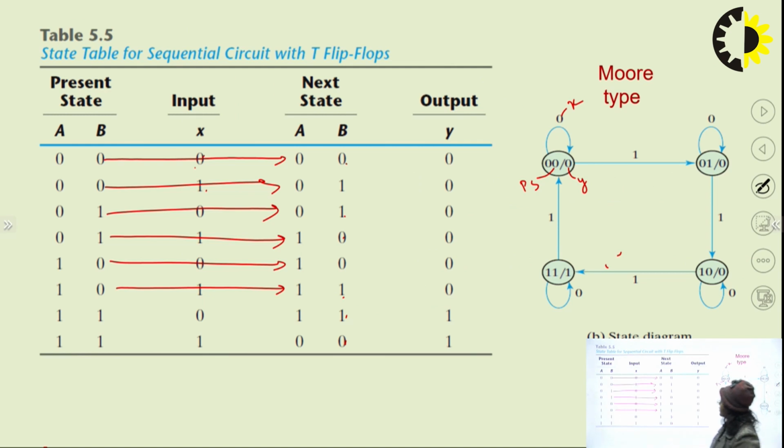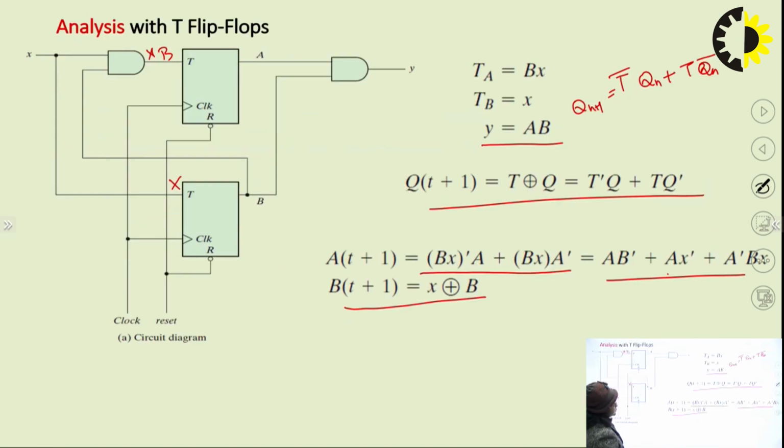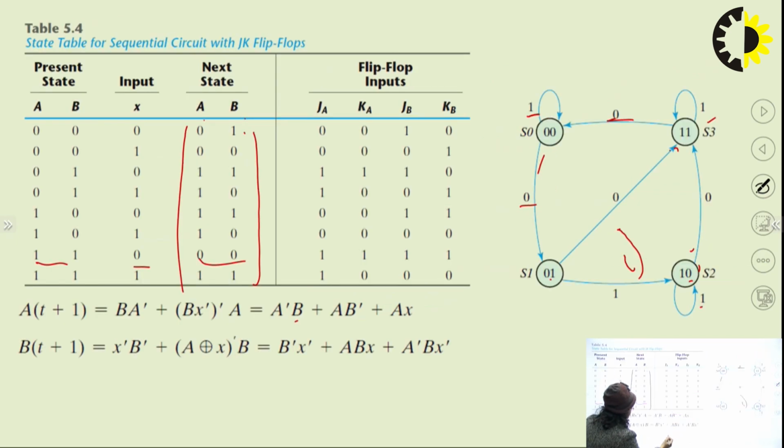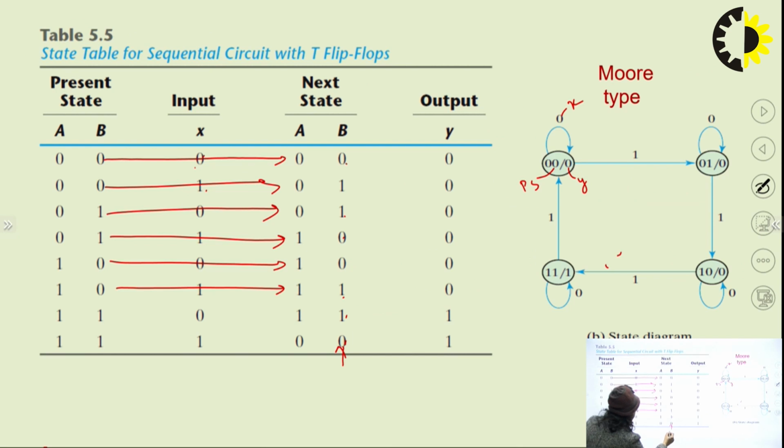Here B(t+1) is equal to X XOR B. If both the inputs are same, output is 0, and if both the inputs are different, output is 1.